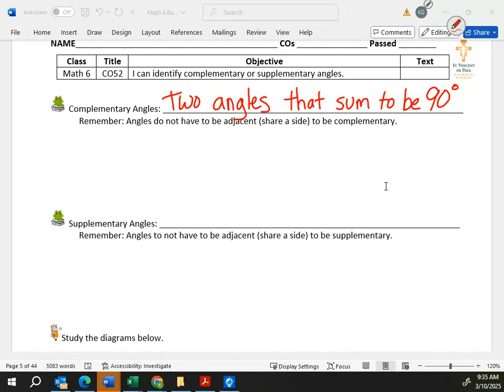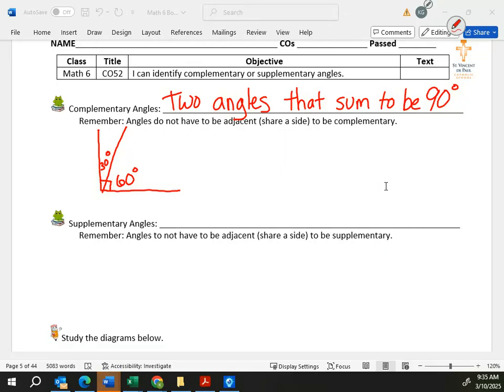To give examples of complementary angles, we could do it two different ways. We could show that right angle, that's 90 degrees, and we could show it split up into a 30-degree angle, or a 60-degree angle, a 70-degree angle, a 20-degree angle, split up into two angles.